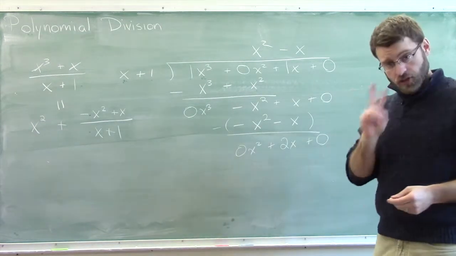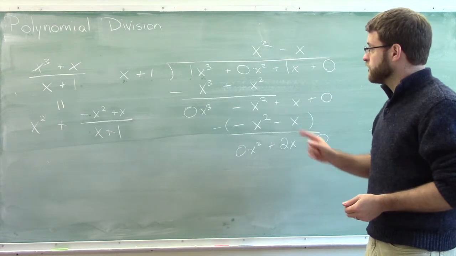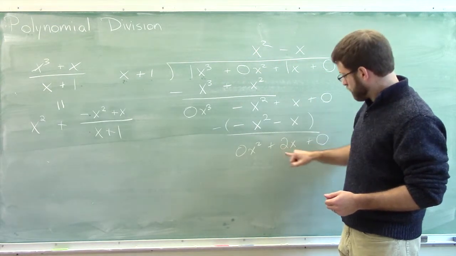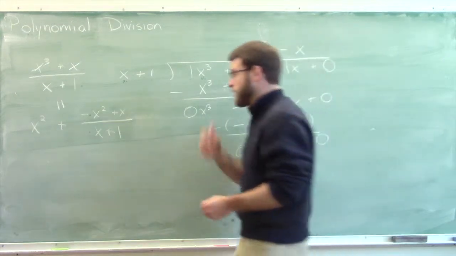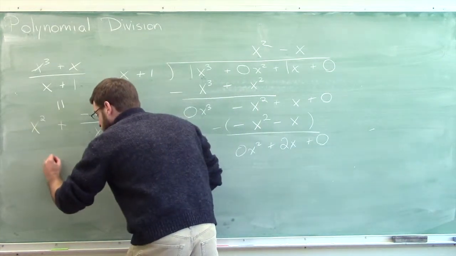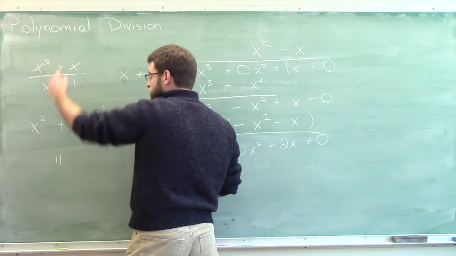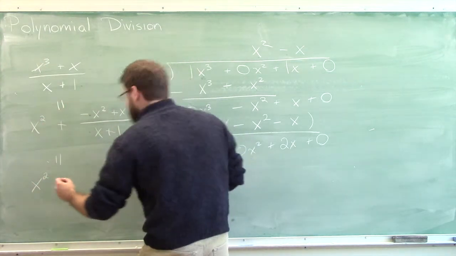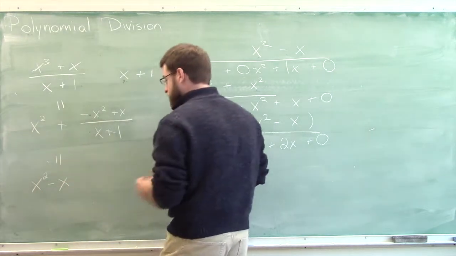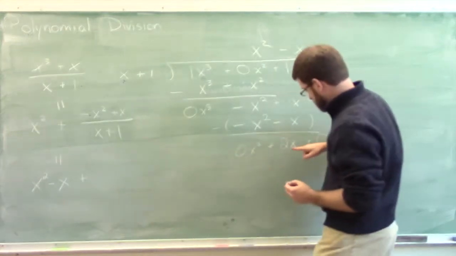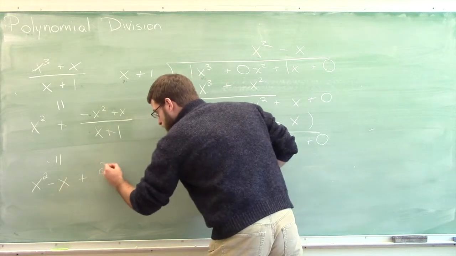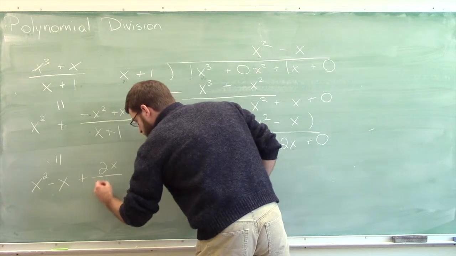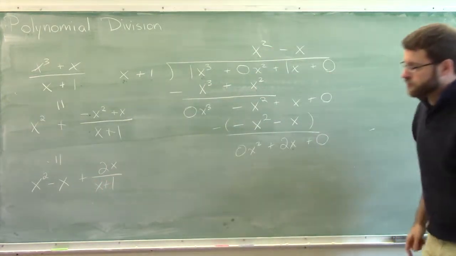Okay, so after two steps of polynomial division, we've divided out an x squared and a negative x, and we still have a remainder. So right now, our original rational function is also going to be equal to x squared minus x plus this remainder, which only has a 2x in it, divided by our original divisor, x plus 1.